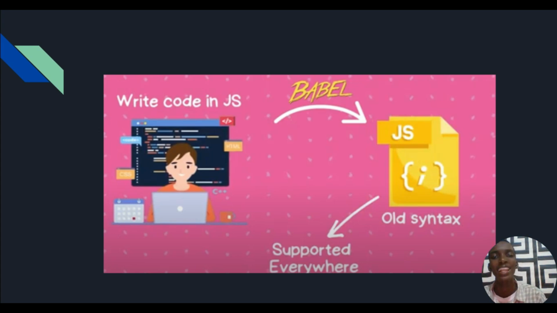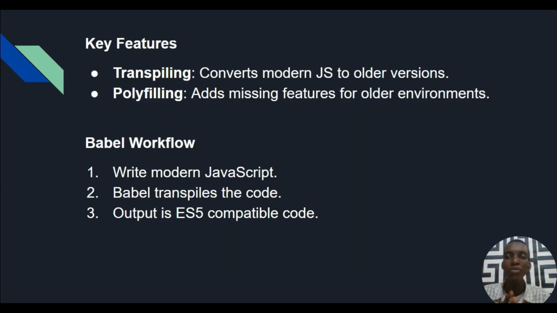So let's continue. Key features in Babel: we have transpiling, that's like compiling, which converts modern JS to older versions. Then we have polyfilling, which adds missing features for older environments. Now the Babel workflow, how does it work?